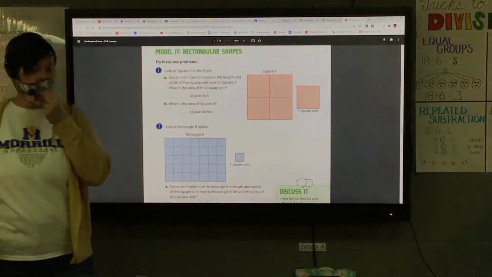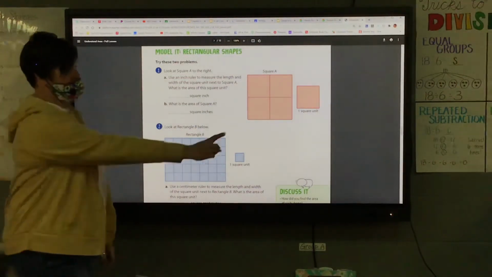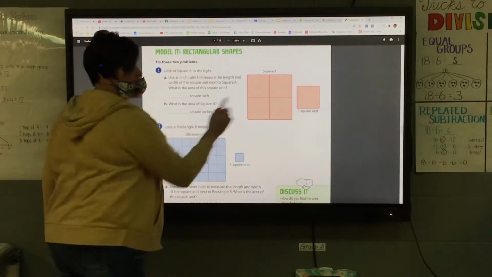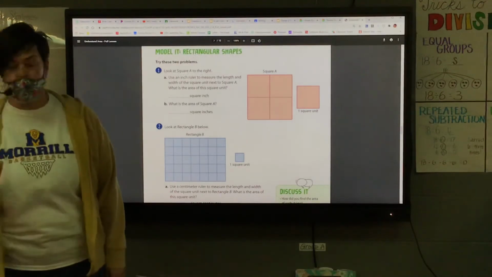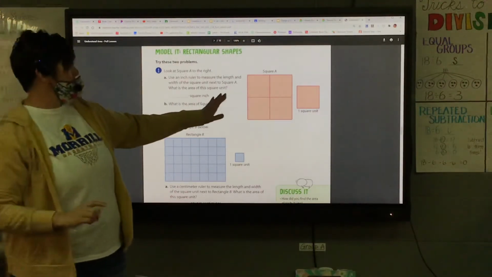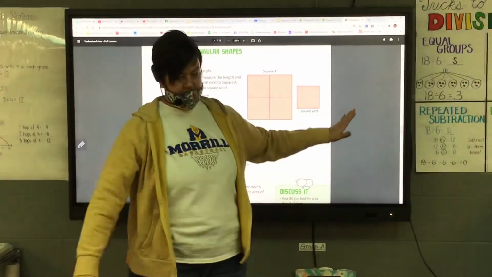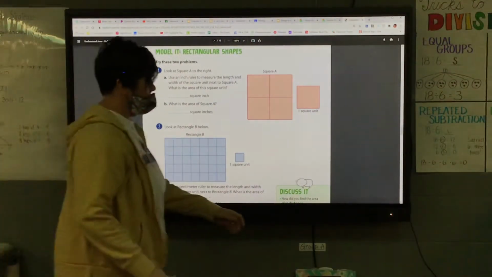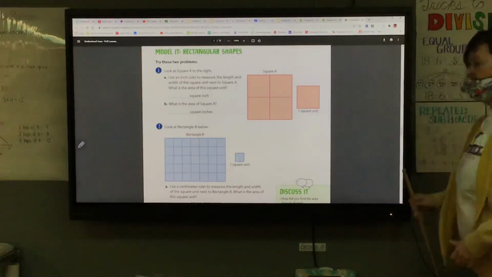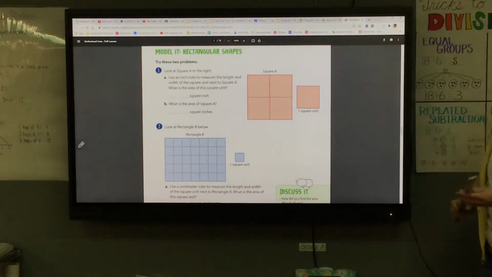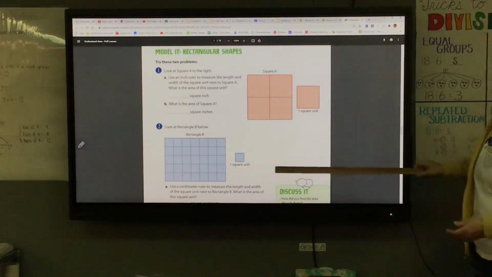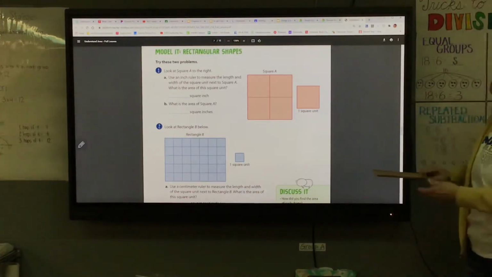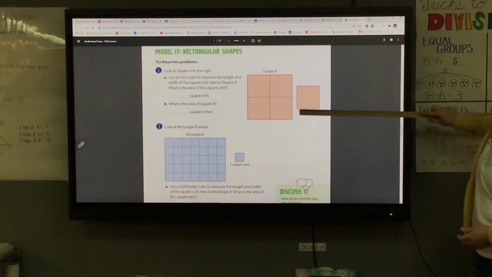Point to the square unit. The one square is the square unit. Okay, so let's measure that. I'm pretending this is my ruler. Now, mine is a lot bigger than what's on your paper, right? Because I have it increased in size.